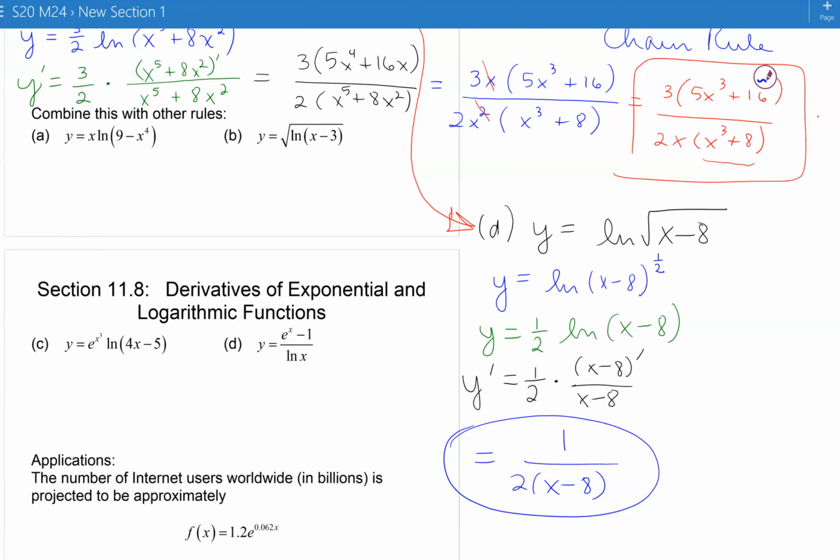Okay, then let's look at combining this with other rules. In this first example, we have a simple function x, but that's a function, times this natural log function. So we need to see that this is a product and that the first function is x and the second function is the natural log of 9 minus x to the 4th.